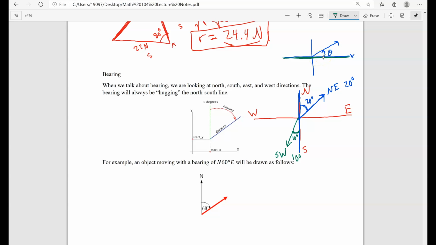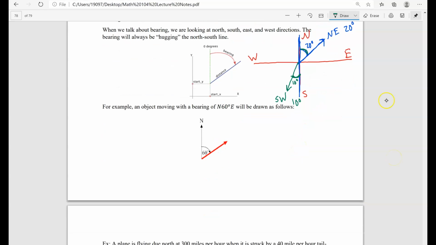But when we talk about bearing, think about the way that ships and airplanes tend to travel. When we talk about bearing, we're talking about the angles that are in the north-south line, okay? So here I give you an example. See how this is northeast, and you have a vector going this way with a bearing of 60 degrees. This is what it's going to look like.